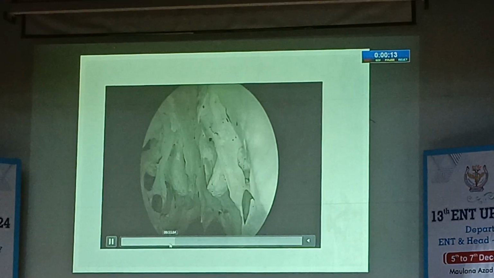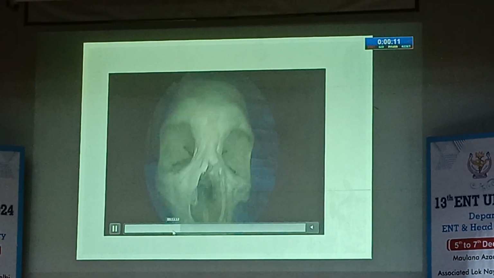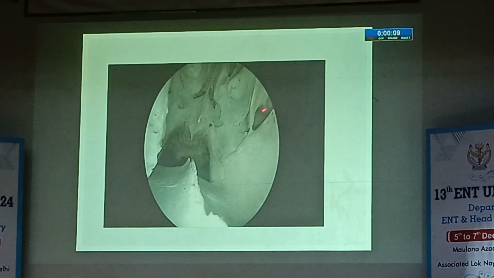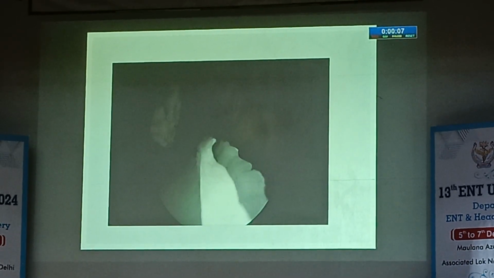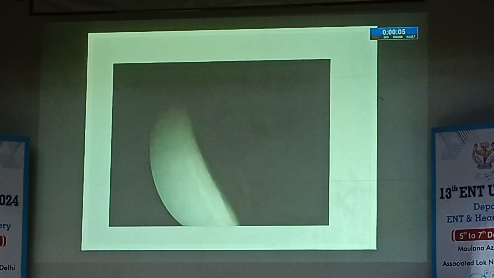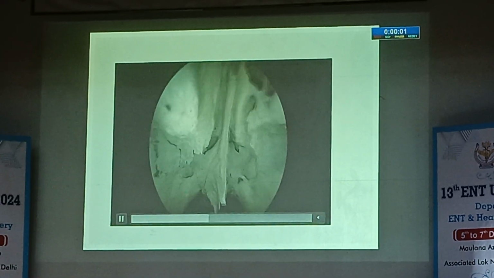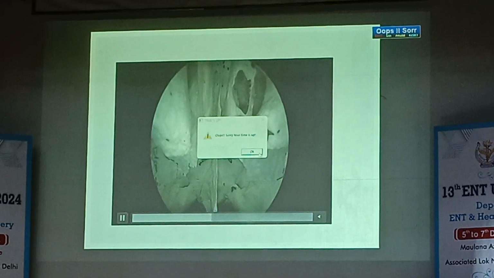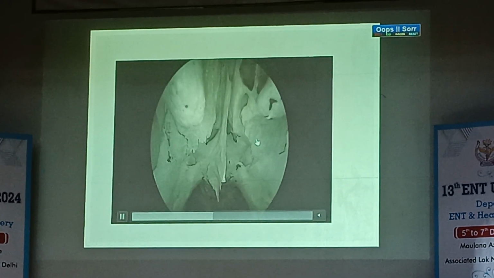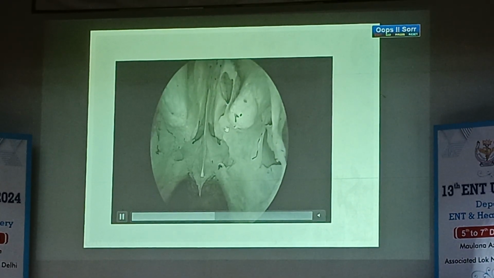Going inside, there's the actual ostia, the maxillary ostia. So just, that is the bulla which has been opened.